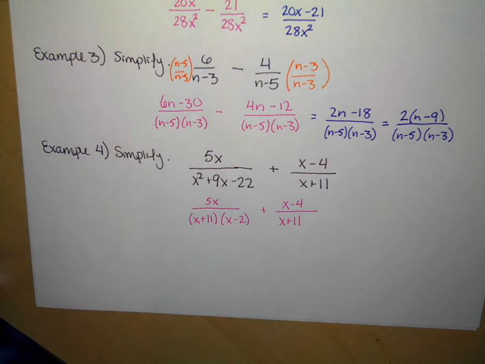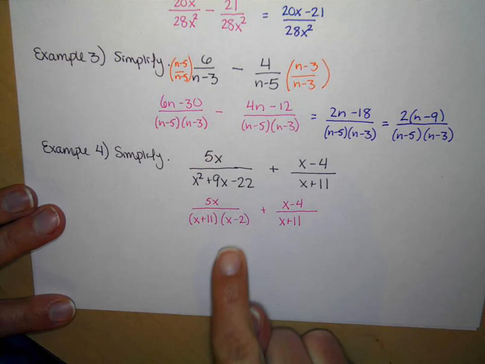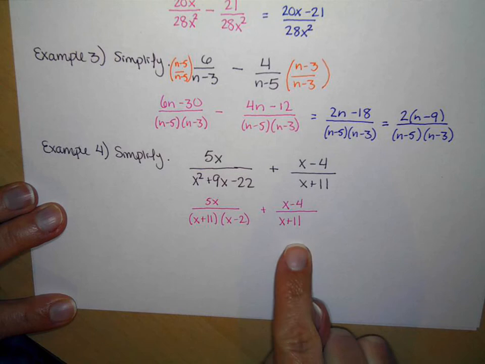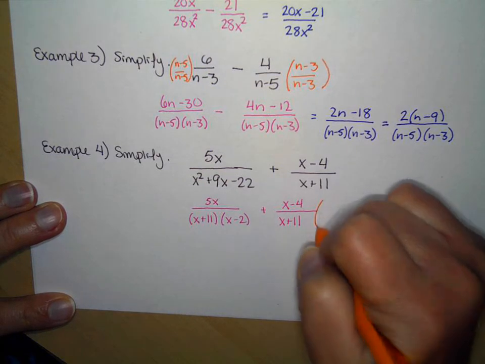And now we want to get that common denominator. Notice that both of these fractions have a factor of x plus 11. But our first fraction has a factor of x minus 2 that the second one doesn't have. So that's what we need to multiply by to get that common denominator.